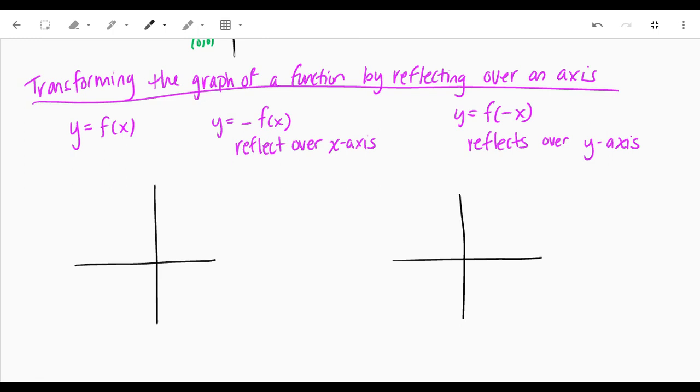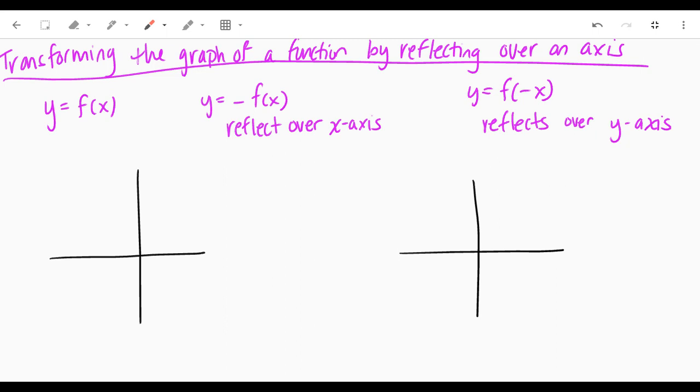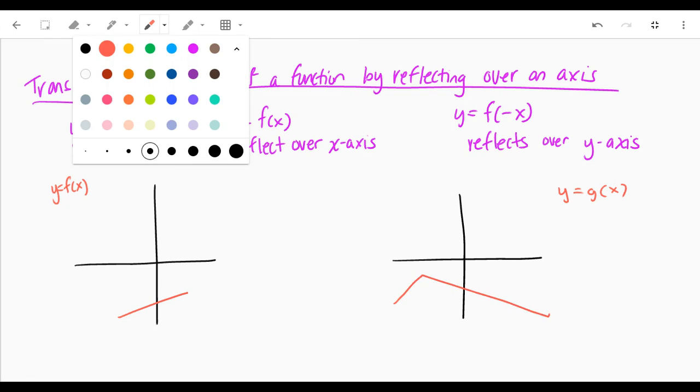The first one they give us is y equals f of x. And it's just a line segment down here. Okay, and then over here they give us y equals g of x, which is kind of a little two segments like that.